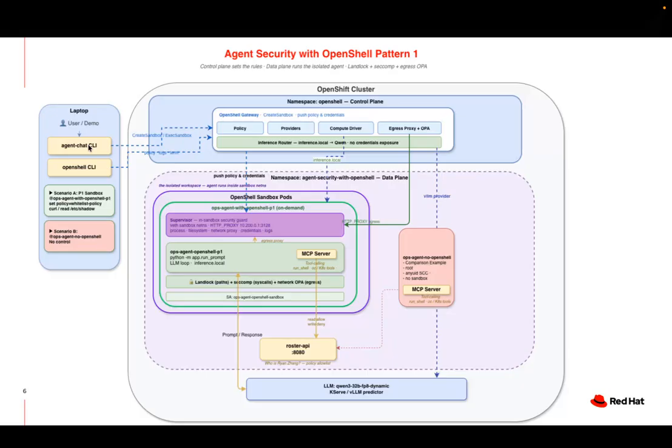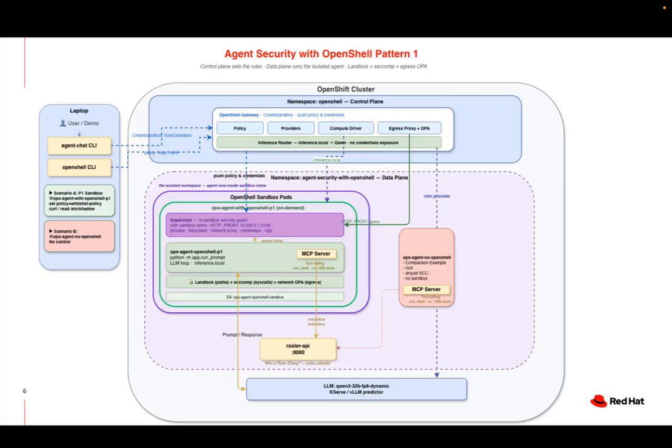It will accept users' requests. For example, I have different scenarios where I can set different modes of the sandbox environment, and I can also send a request to my ops agent.